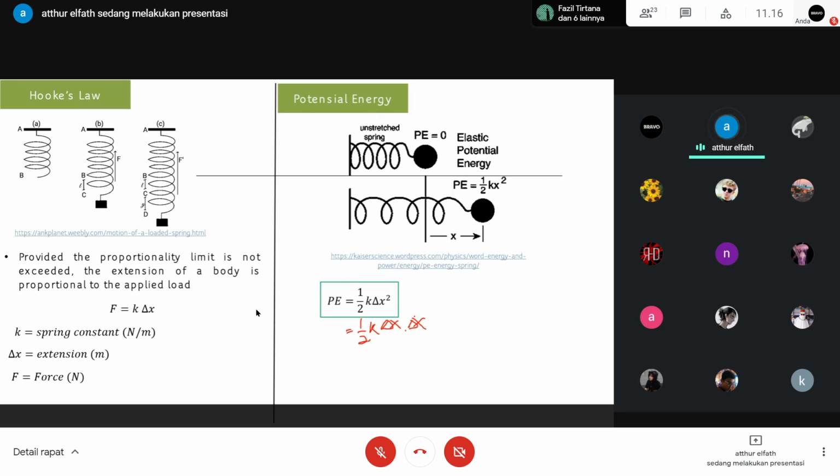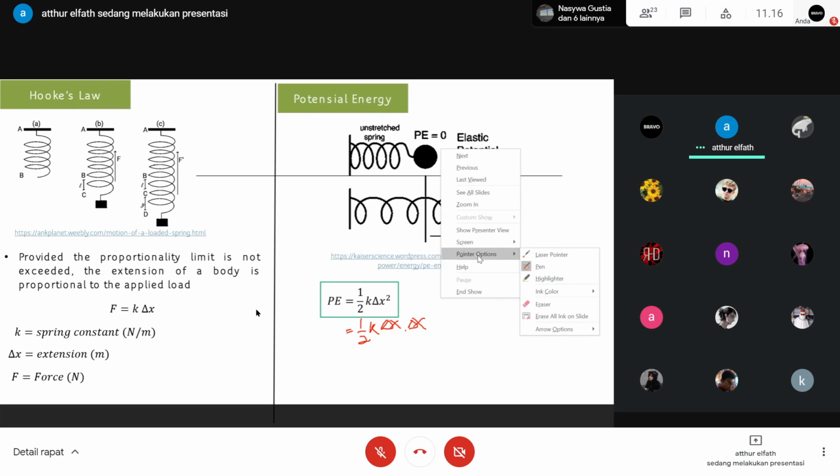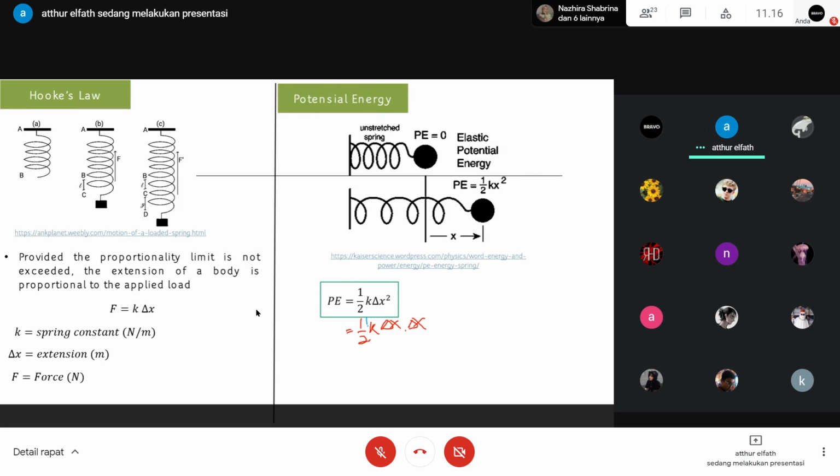Now, if you realize that, what is this formula? Constant times delta x. I think this is the same as this formula. Right? Yeah, 1/2 k delta x. And this is force.